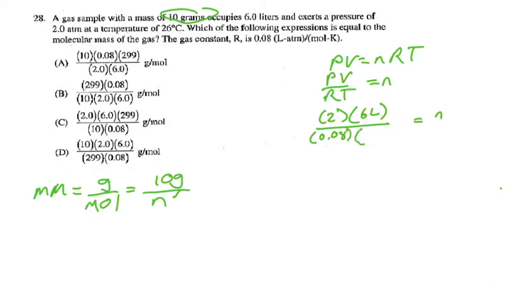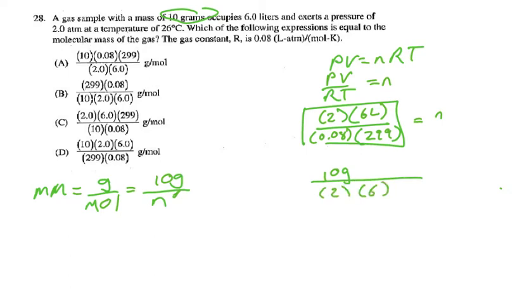And the temperature is 26 plus 273, which is 299. Okay, so we have those things. Now we're going to take all of this and plug it in down here on the bottom. So we're going to get 10 grams divided by 2 times 6, divided by 0.08 times 299.